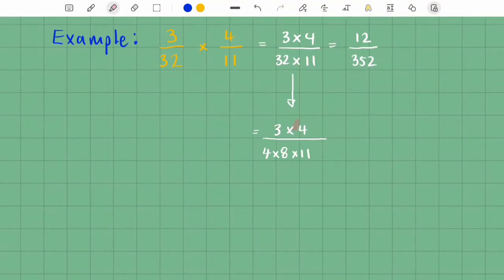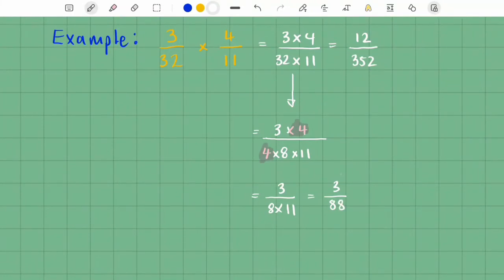So the 4 is on top and on the bottom, and so it can be cancelled. So what we end up with is a more simple fraction to worry about, which is 3 over 8 times 11, which is 3 over 88.